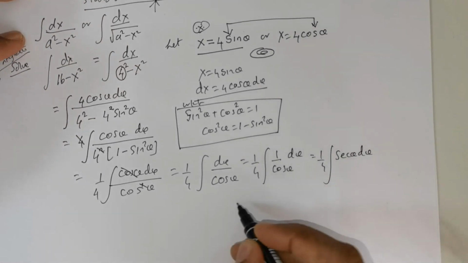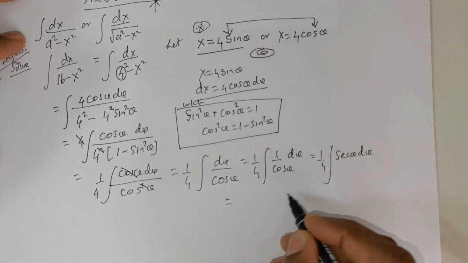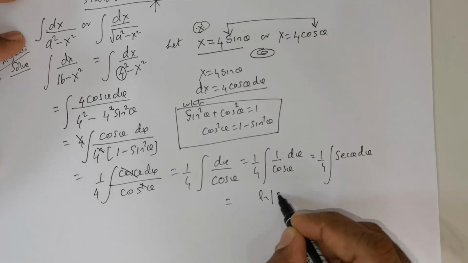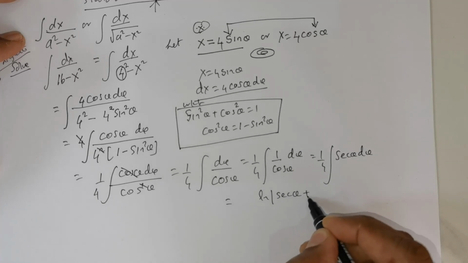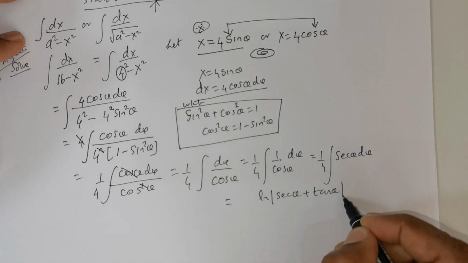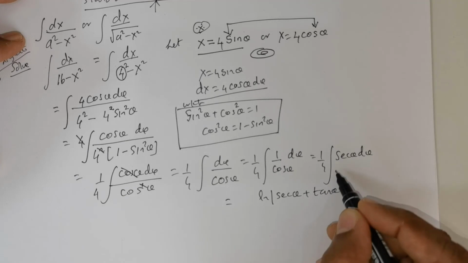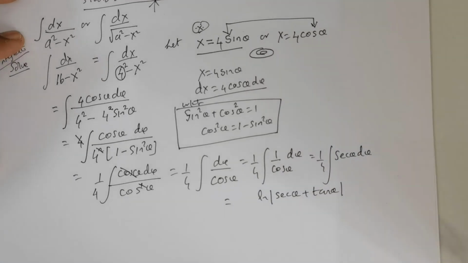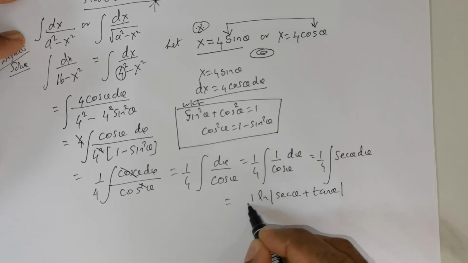So utilizing this formula, I would be getting for integral of secant theta ln modulus of secant theta positive tan theta. Now I already have this 1 over 4, so just place that 1 over 4.